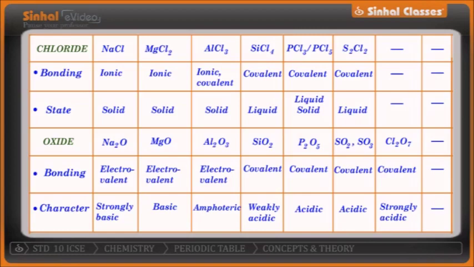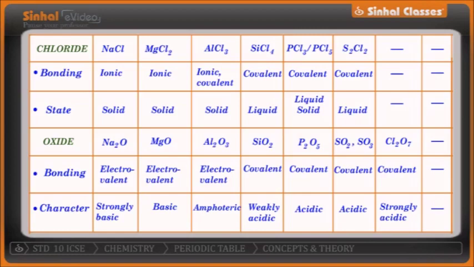Now to talk about their oxides, sodium will form Na2O, sodium oxide, MgO for magnesium, Al2O3 for aluminium, SiO2 for silicon, P2O5 for phosphorus, SO2 and SO3 both for sulfur, whereas for chlorine it will be Cl2O7.